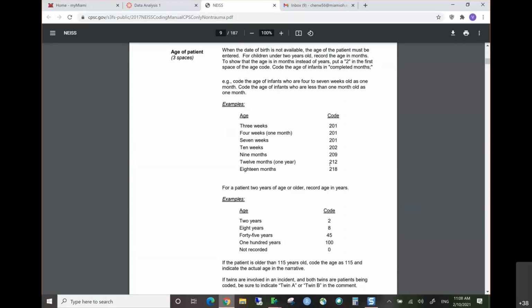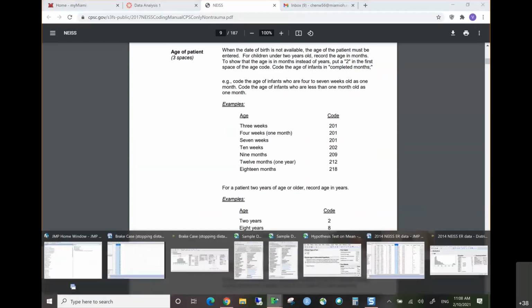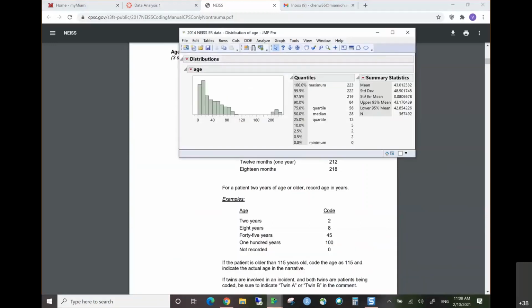That is why in your data set, you have this group which is larger than 200 as the ages, right? So that means this group is about the children who are under 2 years old.